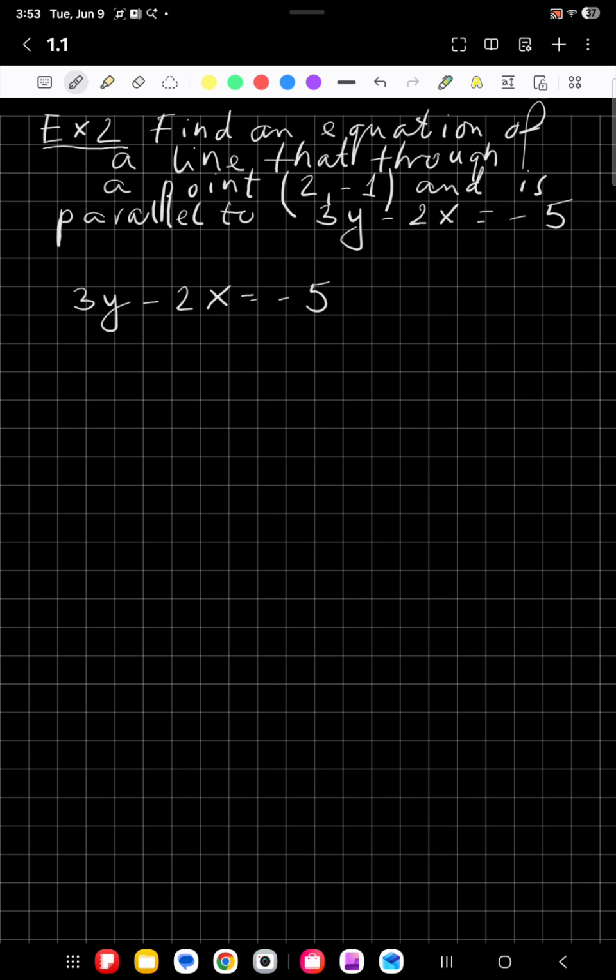And so I'll have y equals, it's going to be positive 2/3 x minus 5. Oh, not minus 5, wait. I need to also divide it by 3.